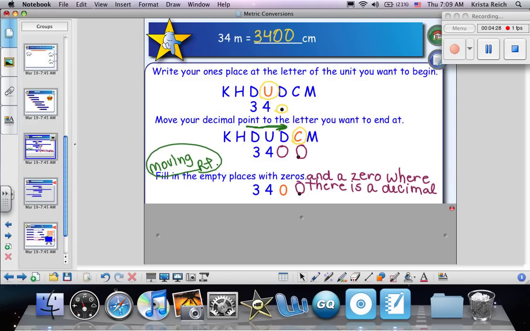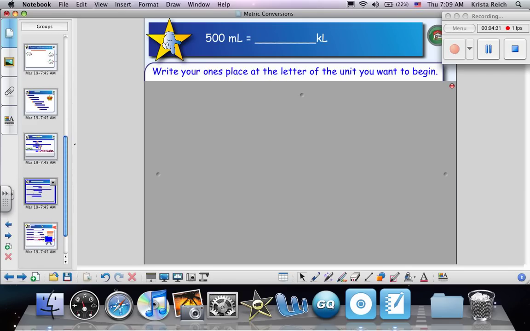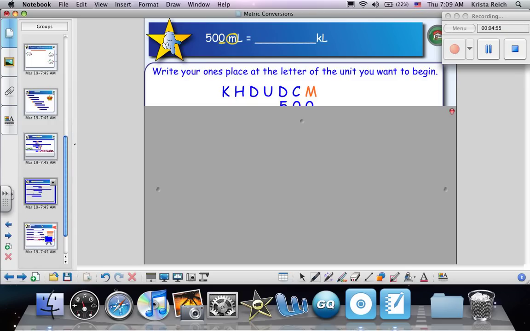Let's try another one. 500 milliliters equals how many kiloliters? The K is for kiloliters. So again, our ones place is right here, and we want to write that at the unit that we want to begin, and that is our milliliters. So that would be right here, milli.